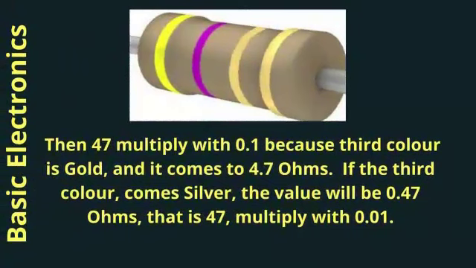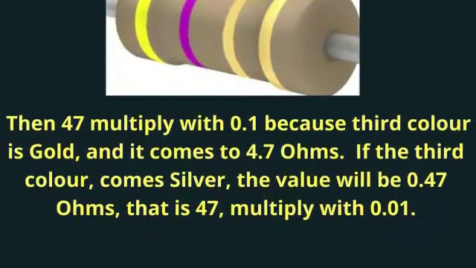Then 47 multiplied by 0.1 because the third color is gold, and it comes to 4.7 ohms. If the third color comes silver, the value will be 0.47 ohms, that is 47 multiplied by 0.01.